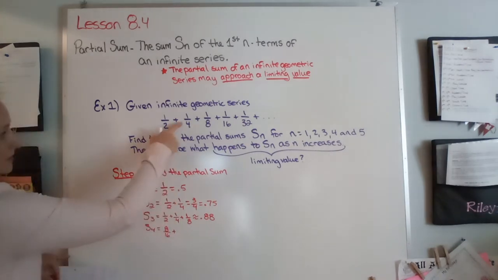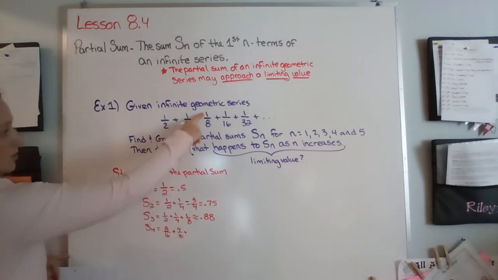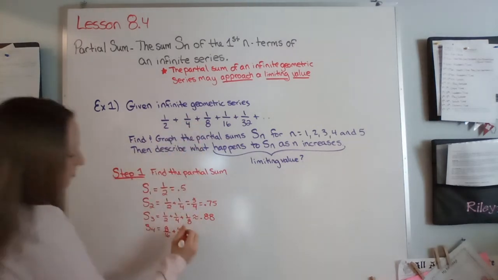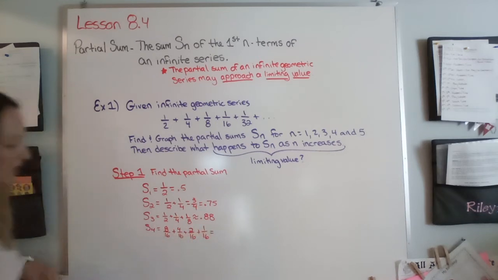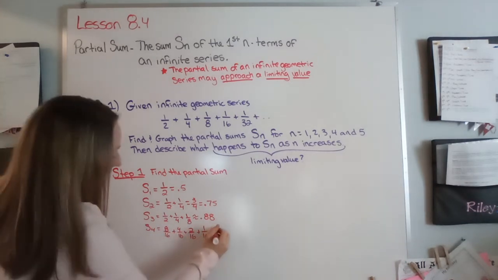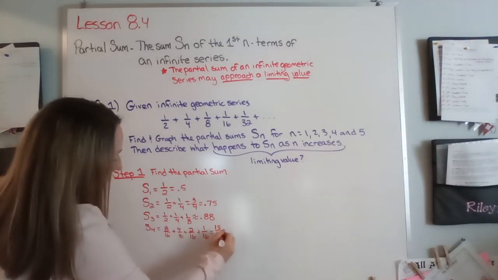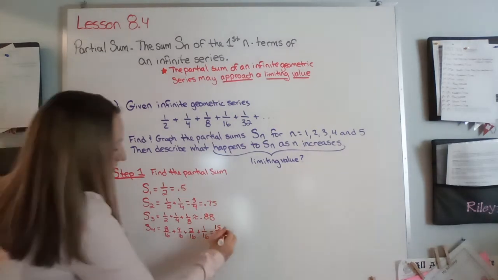Then 4/16, and then multiply top and bottom by 2 to get 2/16, and then plus 1/16. Now all denominators are 16, so I'm going to add the numerators. 8 plus 4 is 12, 14, 15, 16, which as a decimal is approximately 0.94.